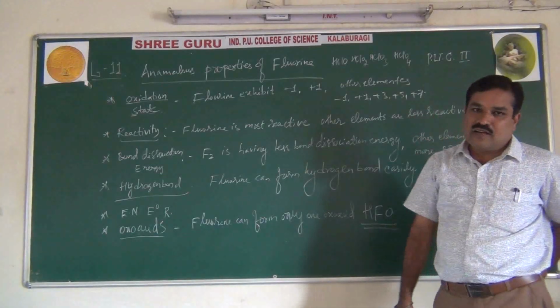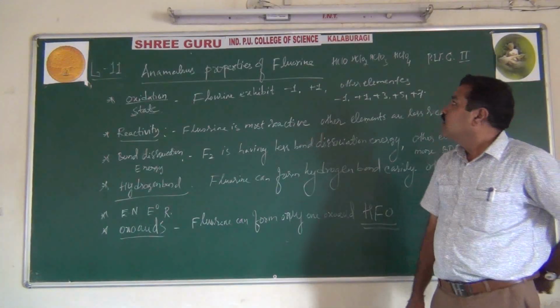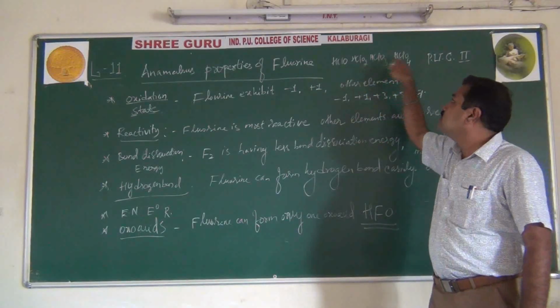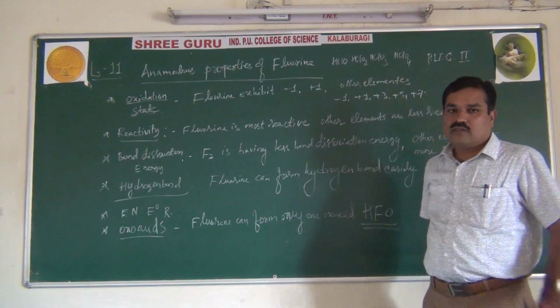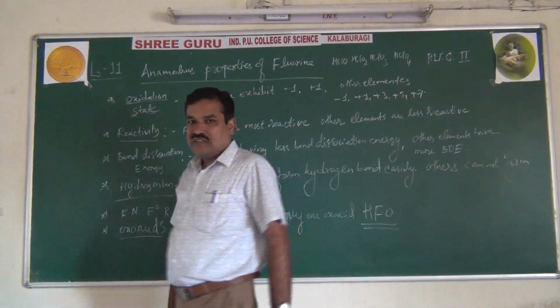Even bromine and iodine exhibit this. To some extent, exceptionally, sometimes they will not form this type, but they exhibit. But fluorine forms only one, due to low bond dissociation energy.